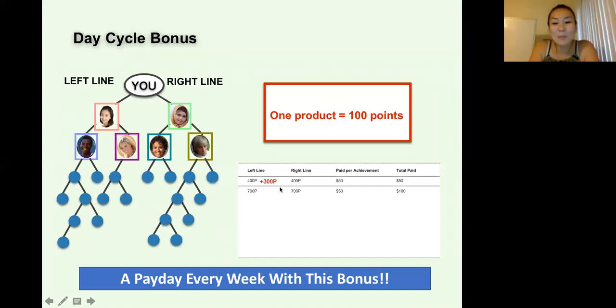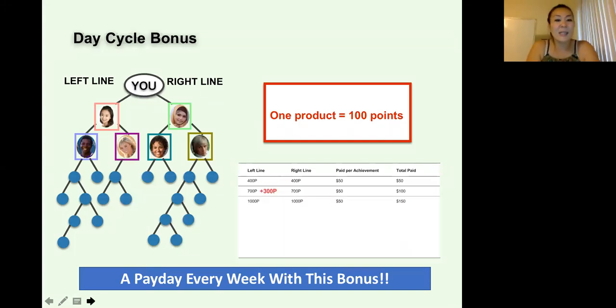So this is the plus 300 points. So all the points generated for that month is 700 points. 7 people on your left side and the right side are buying 1 product every month. You will be receiving another $50, meaning you have $100 income or bonus, day cycle bonus every month.